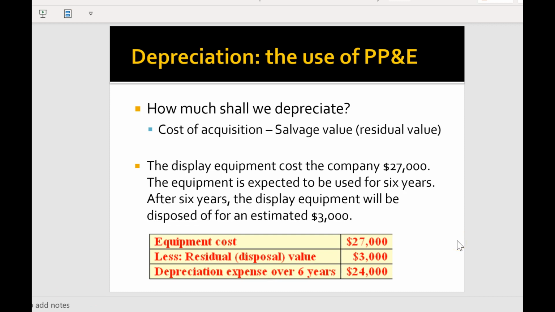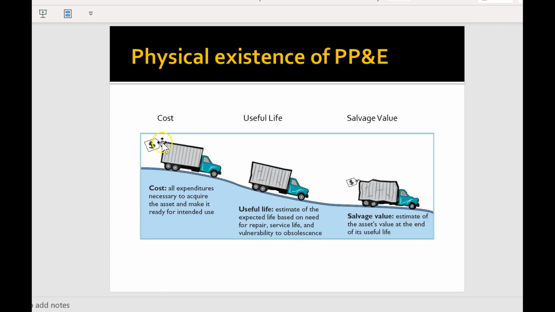Let's go back to our use of the PP&E, our display equipment that cost us $27,000 in the beginning of this lecture. Remember, we have the asset when we purchase it. This is $27,000. I'm going to write it down.